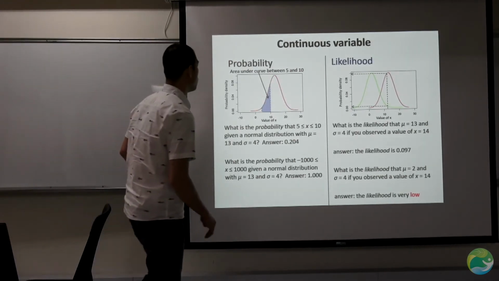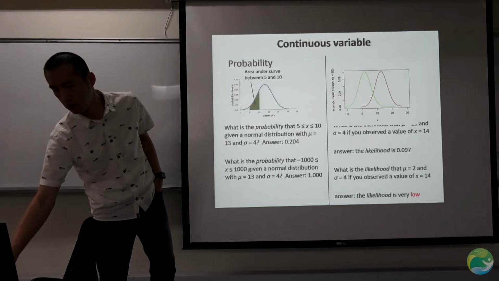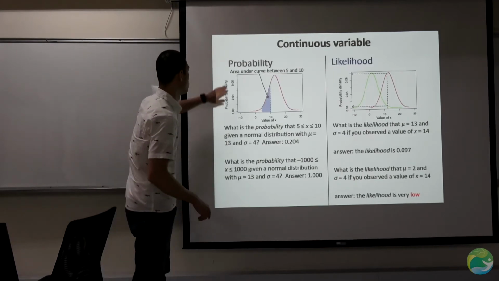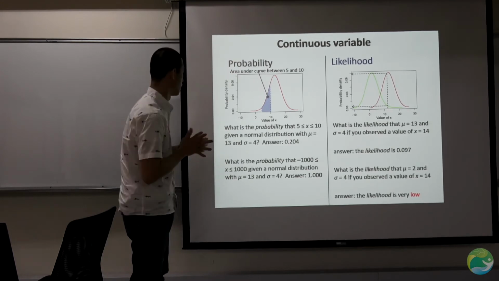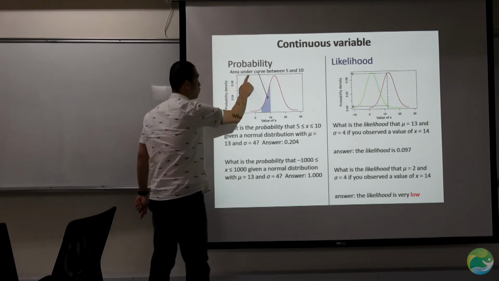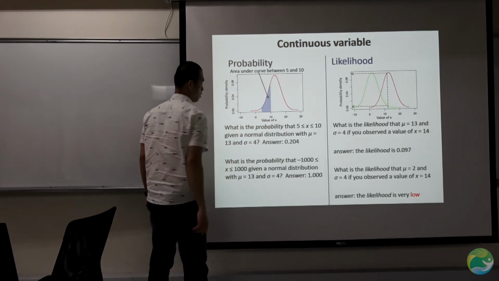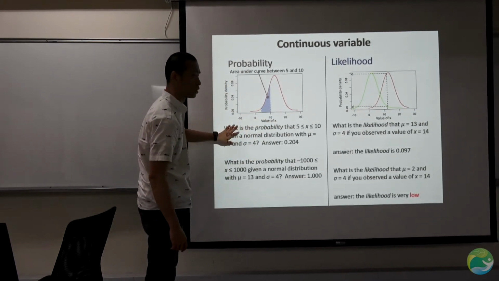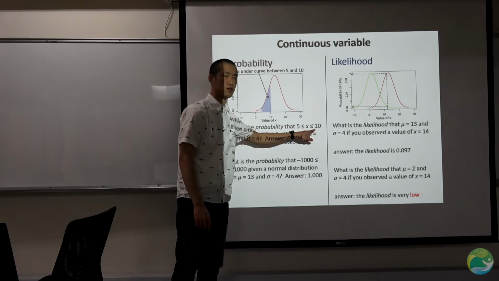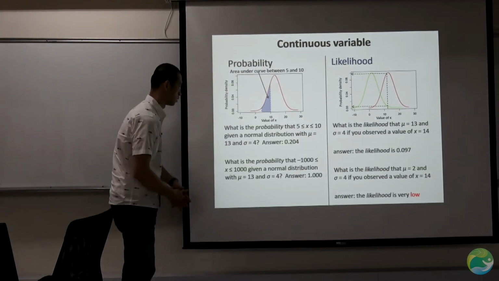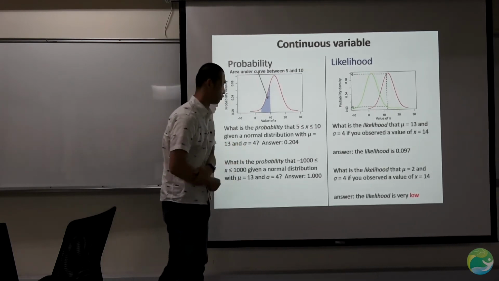So, continuous variable. This one is a discrete variable, this one is a continuous variable, okay? For a continuous variable, what is probability? As I mentioned before, probability is the area under the PDF curve. So in this example, what is the probability that x is larger than 5 and smaller than or equal to 10, given a normal distribution with mu 13, sigma 4?